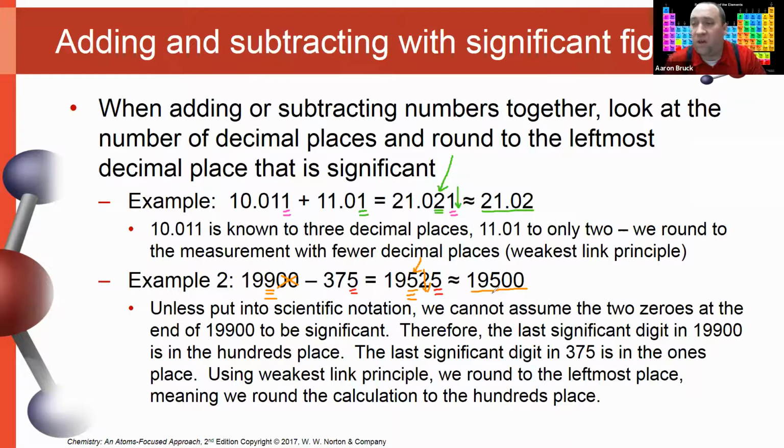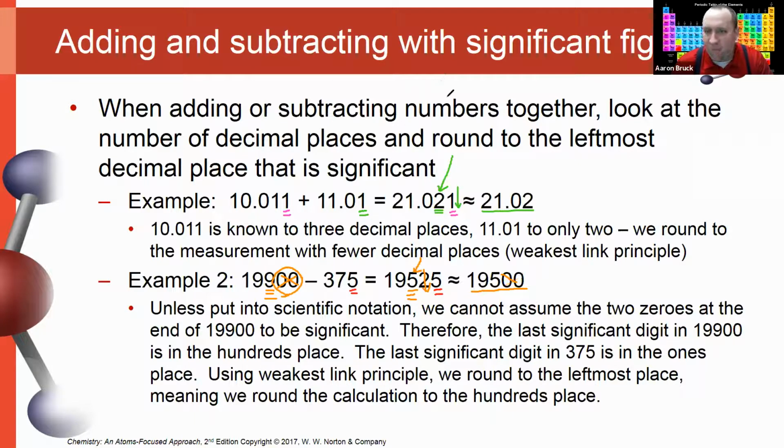Now, the other thing to make note of here, we cannot lose sight of the values themselves. I've seen it happen on a number of occasions where a student does something like this and correctly identifies that those zeros are insignificant, and mistakes it for meaning that they are not real. So instead of giving me an answer of 19,500, they give me an answer like 195, where they just completely chop off those last two values.